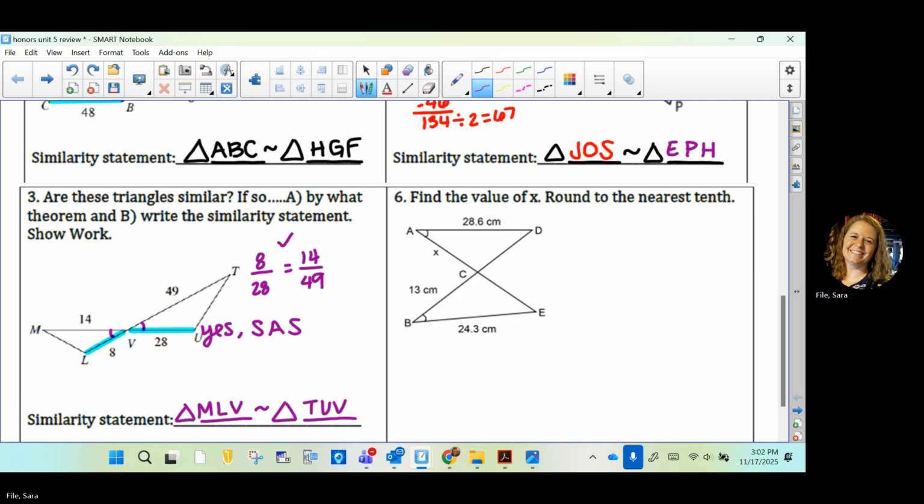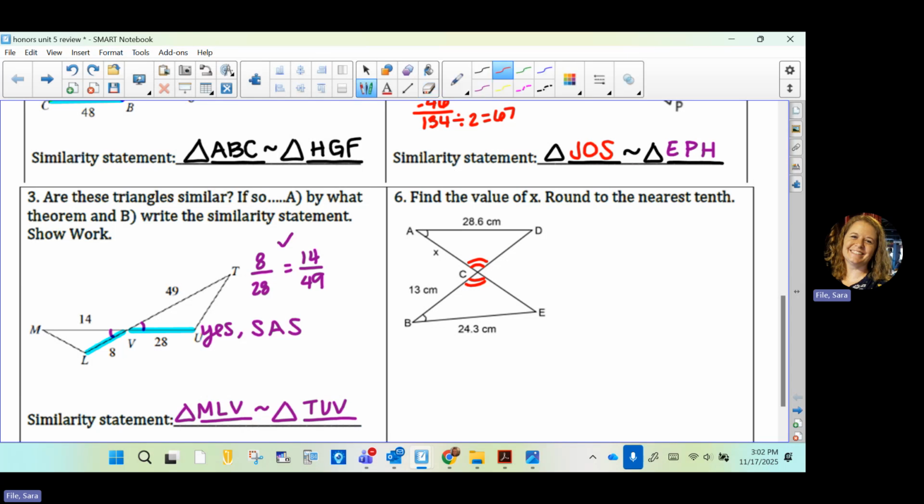All right, last but not least, number 6, they want us to find the value. Now we are told that angle A and B are congruent by those markings. And then I know vertical angles here. So I've got angle, angle. I know these are similar by angle, angle. That's enough to tell me they're similar. So I know that the sides should be proportional.